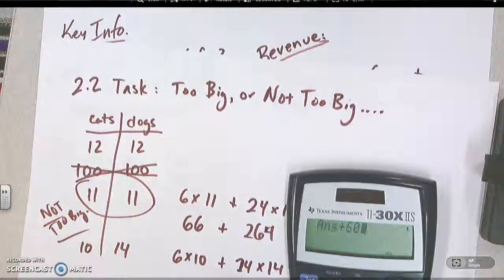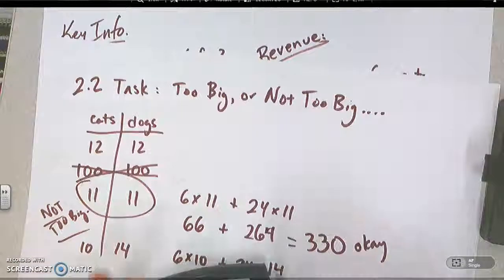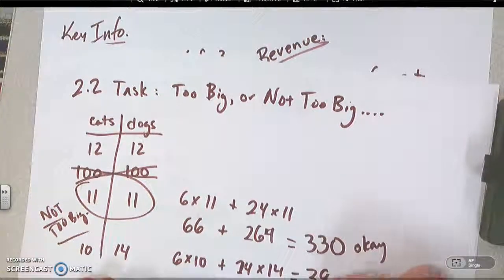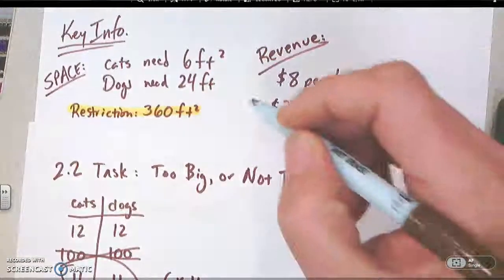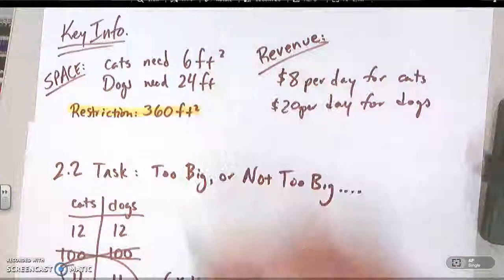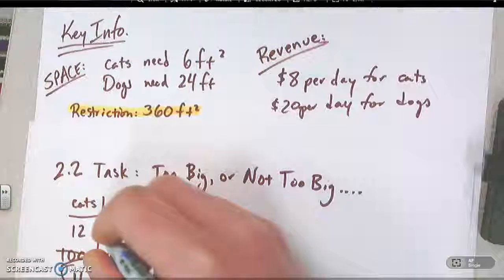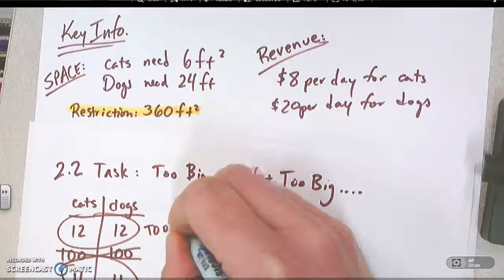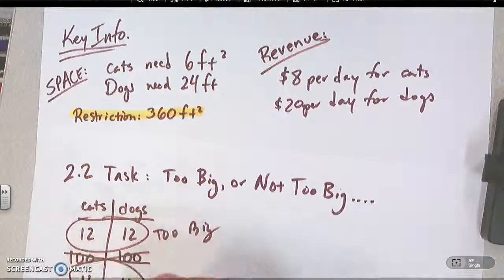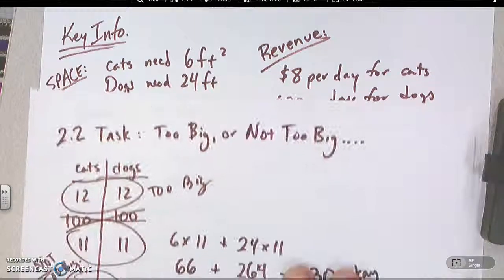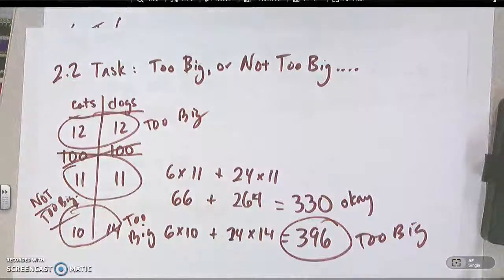When we add that extra 60 for this part, we get 396. Okay. There we are. We are clearly bigger than the 360. That's too big. So this was too big. This was too big. Okay. And that's what they're looking for. Things that are too big. Okay. And that sort of answers question number 1.